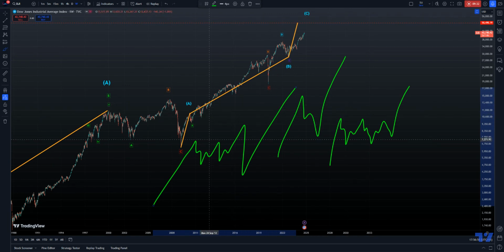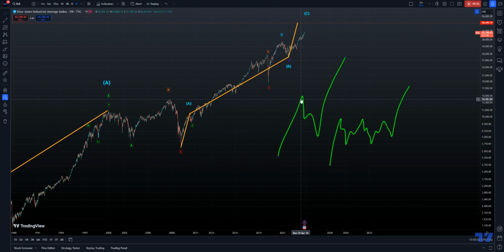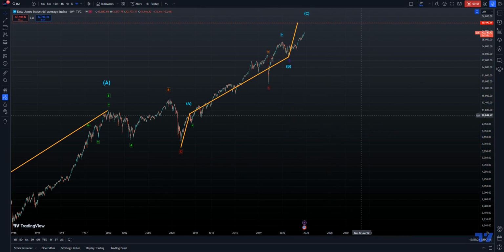So what I'm trying to say here is that the bigger they are, the harder they fall. Not always, right? And that's why it's open to interpretation. It's subjective. And I'm going to tell you my opinion as to why I believe we are going to get that massive crash, right? And it's to do with interest rates, the debt market.